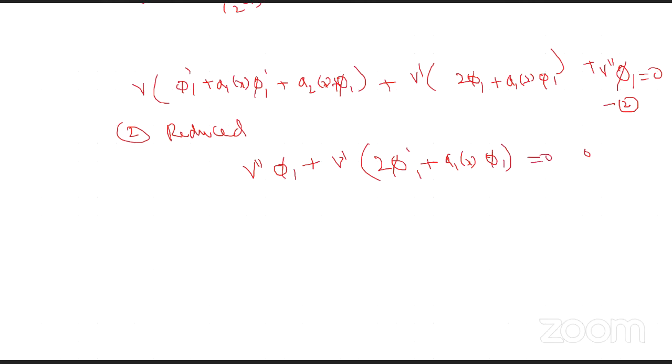So v double dash by v dash equal to minus 2 pi 1 dash by pi 1 minus a1x.